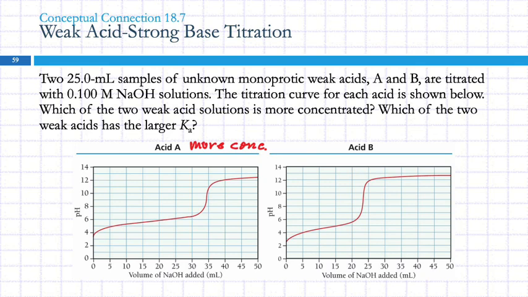Yeah, 17. So about here. And this one was, I don't know, maybe 23. So that one's over here somewhere. The pH there is equal to the pKa. Which one has the smaller pKa? B. So this is a smaller pKa.